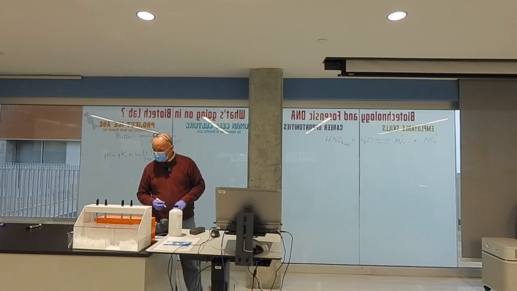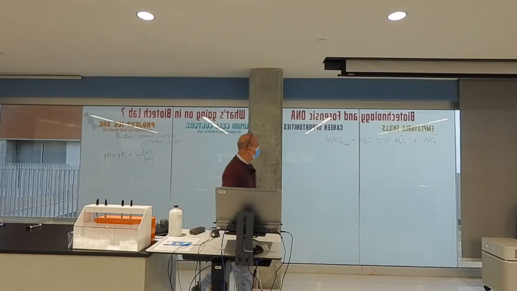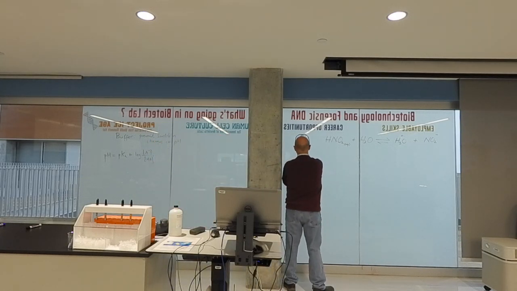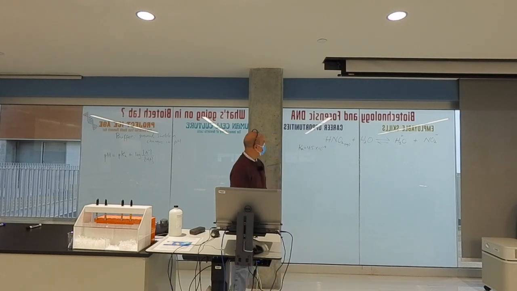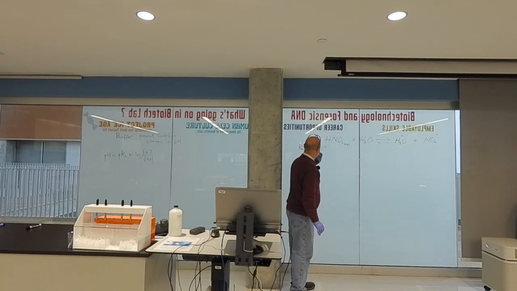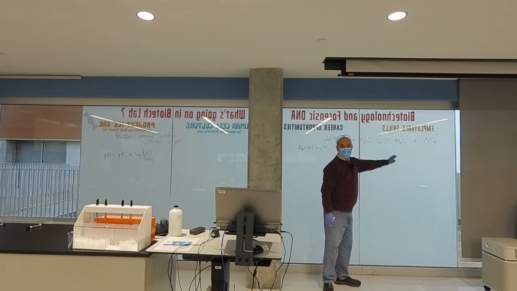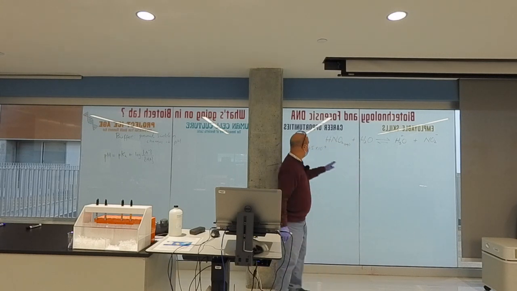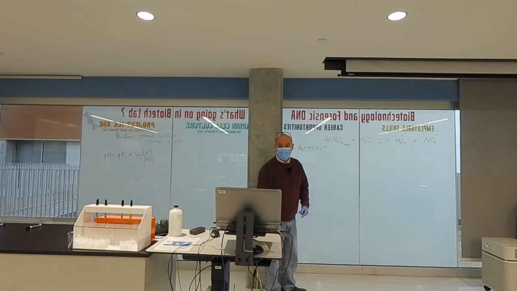And the Ka for this particular reaction is 4.5 times 10 to the negative 4. Remember that the larger this number, the more this is dissociating, okay? So if the Ka was 10 to the negative 1, then the acid would be stronger.